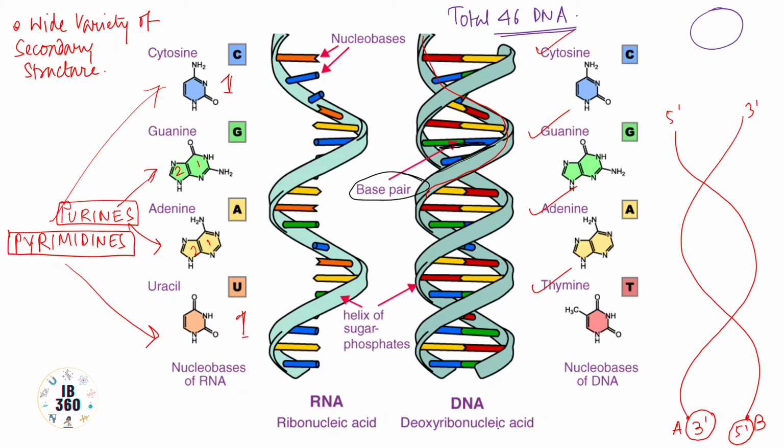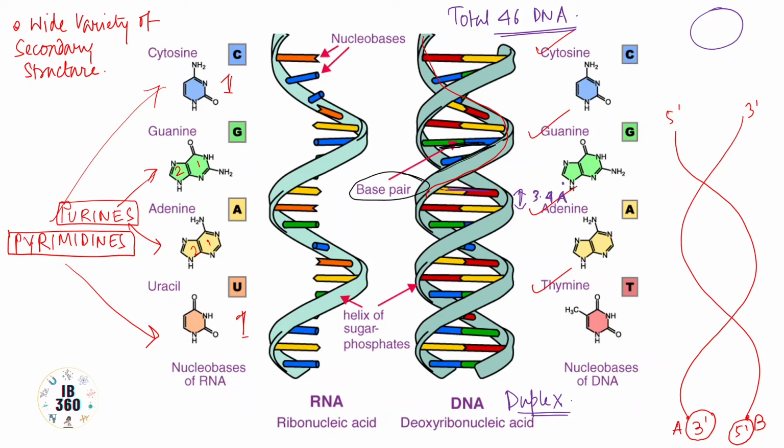And another bit of information is the distance between each base pair. If this is a base pair, that means these are two nitrogenous bases bonded through hydrogen bonds. This distance is 3.4 angstrom.